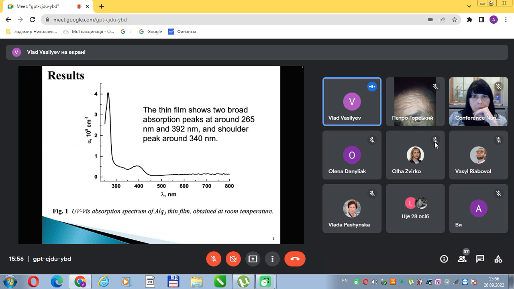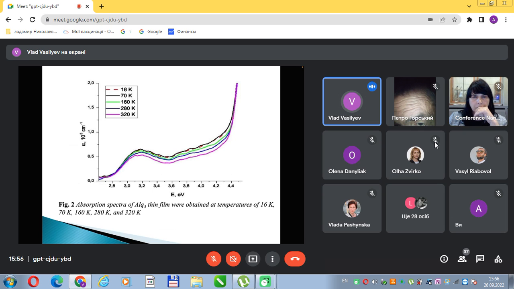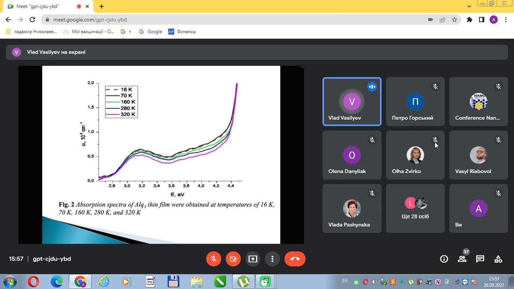The absorption spectra at 16 Kelvin, 70, 160, 280 Kelvin and 320 Kelvin of an aluminium Q3 film are reported in this figure, and as shown in this figure, the maximum value of the absorption coefficient was obtained at a temperature of 70 Kelvin.